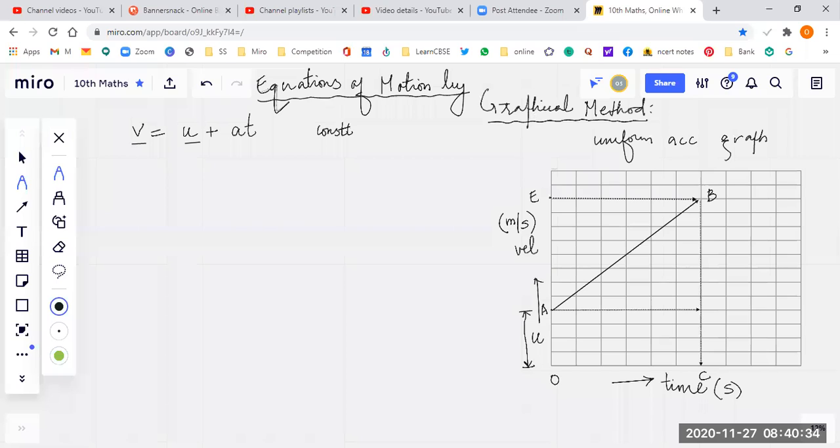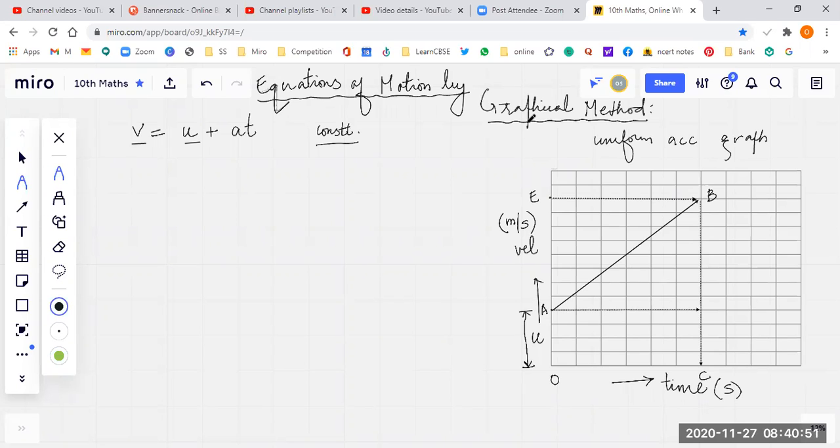U is the velocity with which the body started. When the body was already running, I started the stopwatch at velocity U.